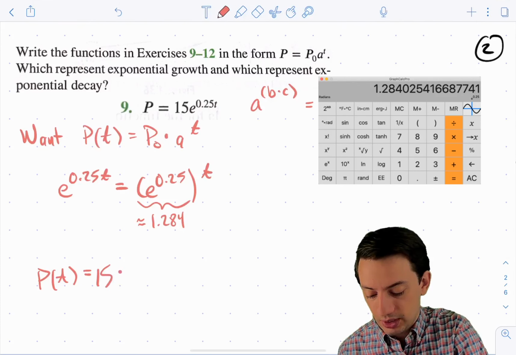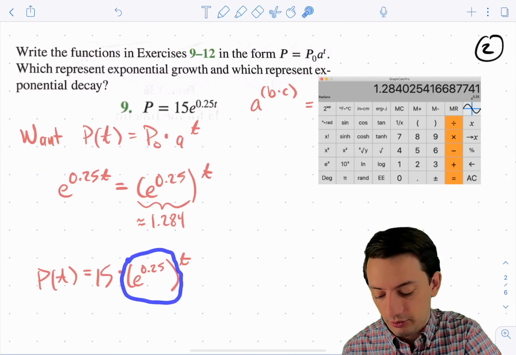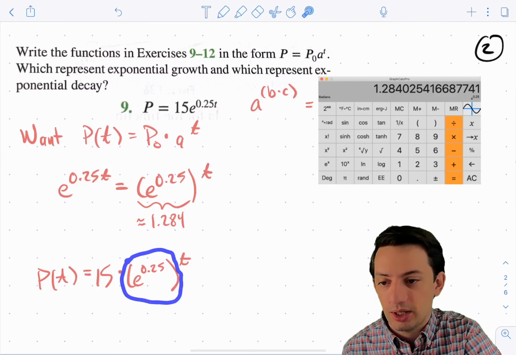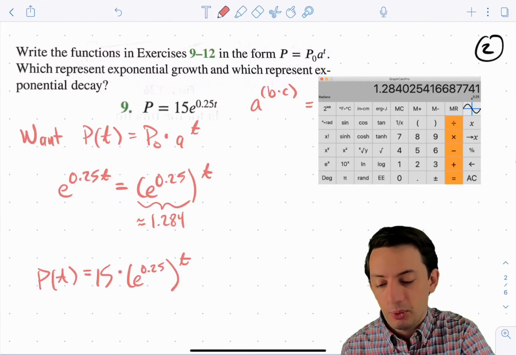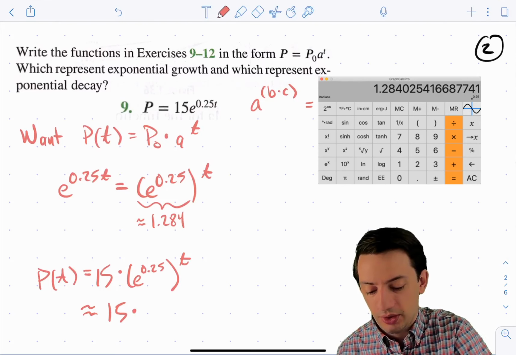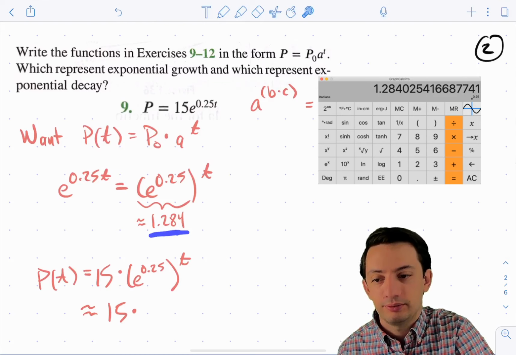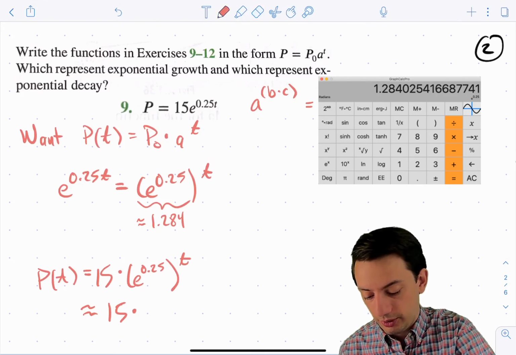Now, it looks like we haven't done anything interesting there, but having these parentheses makes it clear that we've matched the right form, because this term here, e to the 0.25, this is our a. If we were to write it approximately with this approximation, then we have 15 times 1.284 to the t.